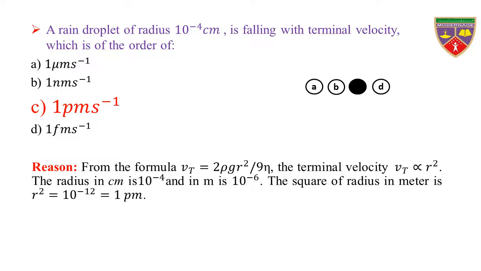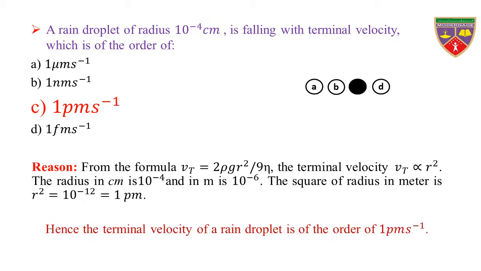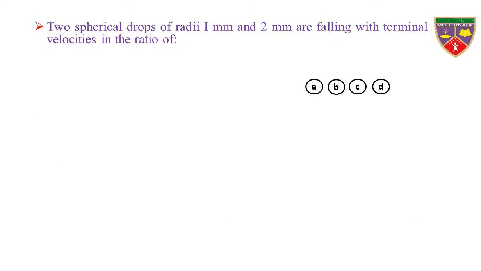The square of the radius in meter is r² = 10^-12, which is the square of 10^-6, equal to 1 picometer because 10^-12 is pico. Hence, the terminal velocity of a rain droplet is of the order of 1 picometer per second.